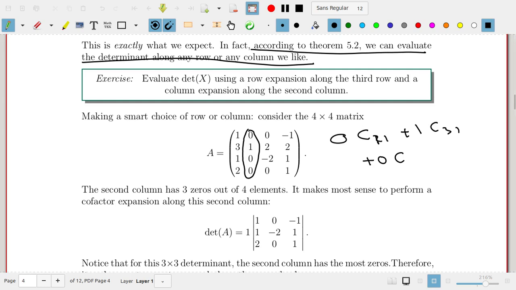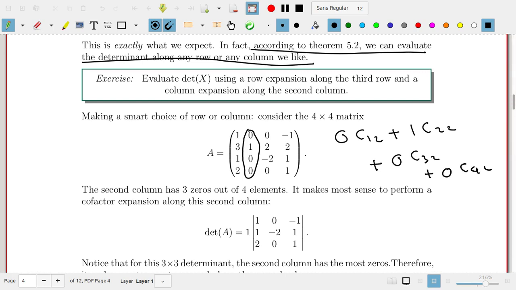The cofactor expansion is 0 times C12 plus 1 times C22 plus 0 times C32 plus 0 times C42. So you only need to know what C22 is. You only need C22.